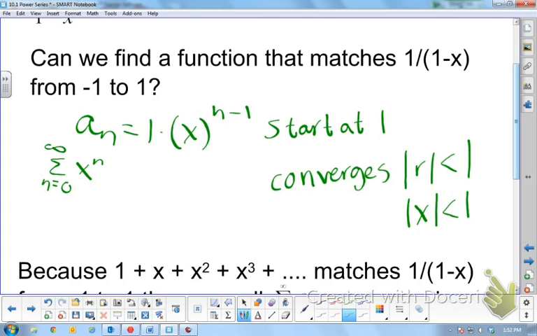Writing it this way instead of this way is sheer laziness. Mathematicians try to make things as easy on themselves as possible. So instead of writing -1 less than x less than 1, they just put absolute value of x less than 1. Same thing.